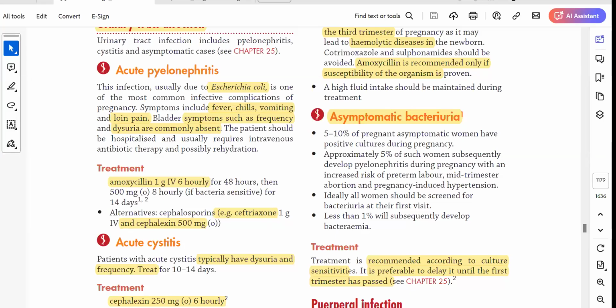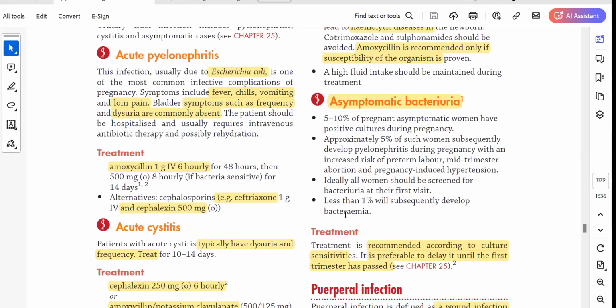For pyelonephritis, the patient needs to be sent to the hospital for IV antibiotic, and the antibiotic of choice is IV amoxicillin. If amoxicillin is not possible, like with penicillin allergy, then you can try IV ceftriaxone, and once the patient is a bit stable, you can switch to oral cefalexin. Okay, so that's the treatment for acute pyelonephritis.